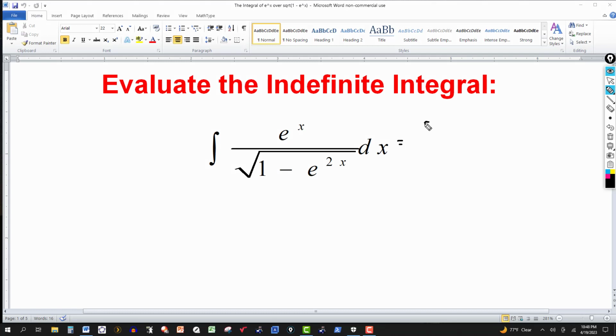So I'm going to rewrite this this way. So I've got e to the x dx and in the denominator, the radicand here, I'm going to write that as 1 minus e to the x, then I'm going to square it.